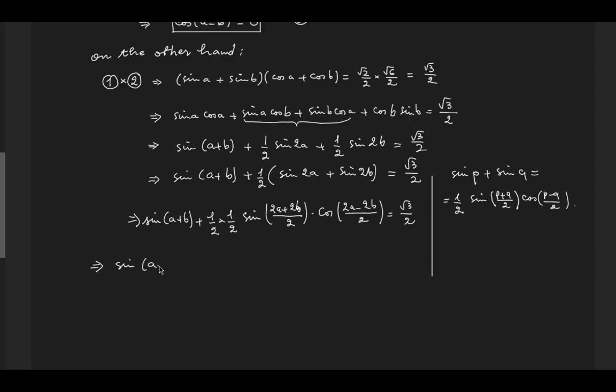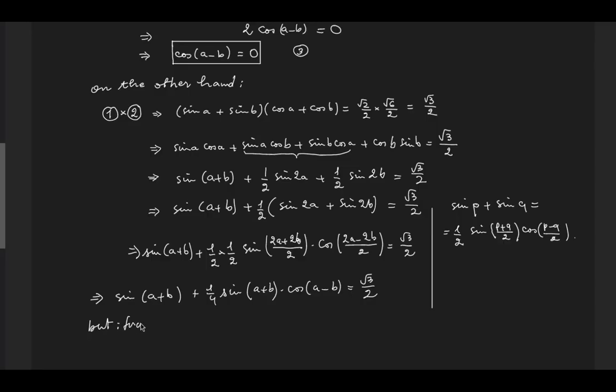Now we can cancel the 2 in the numerator and denominator, and we are left with sine a plus b times cosine a minus b equal to square root of 3 over 2. Now from relation 3 above, we have cosine a minus b equal to 0.